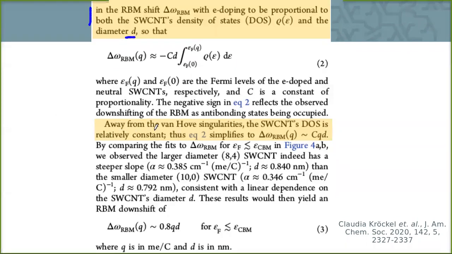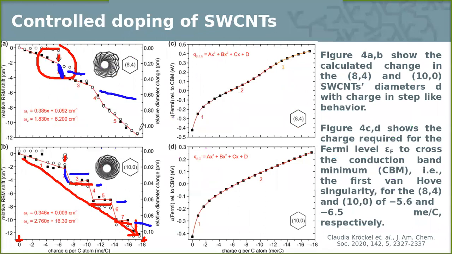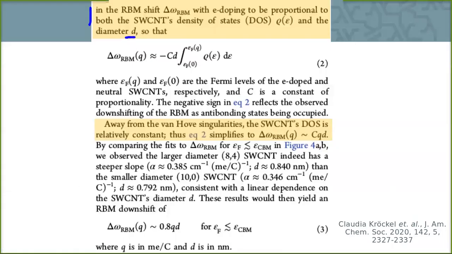Then we can say that away from the Van Hove singularities, the single wall carbon nanotubes density of states is relatively constant. So when we are in the step-like function, we got a constant reduction of frequency as we increase the concentration of electrons, but we are not yet feeling the second or the third Van Hove singularity, which is actually what we managed to do when we increase the electron concentration.